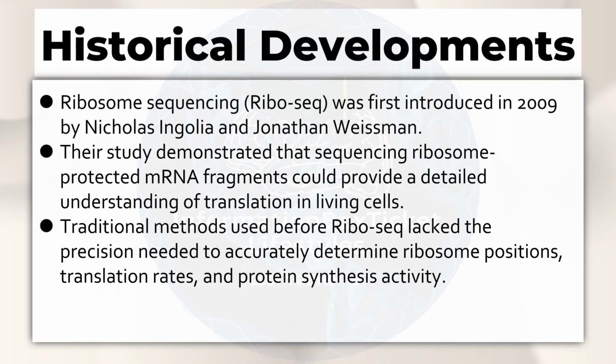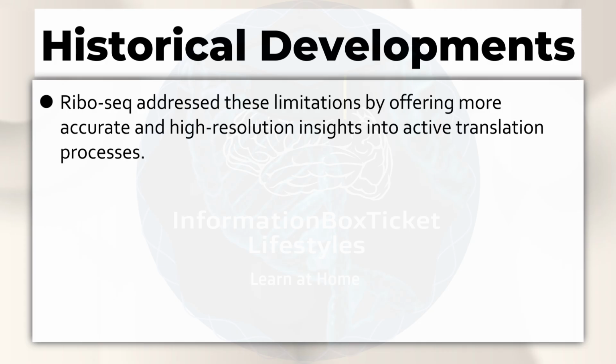Traditional methods used before ribosome sequencing lacked the precision needed to accurately determine ribosome positions, translation rates, and protein synthesis activity. Ribosome sequencing addressed these limitations by offering more accurate and high-resolution insights into active translation processes.